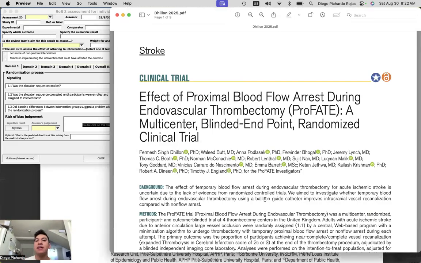Imagine when we're treating a stroke, sometimes we want a catheter that opens up like a balloon just distal to the occlusion site, so we can better manipulate the vessel that has been occluded. This type of catheter does something called a flow arrest, which is basically the same as a balloon guided catheter.